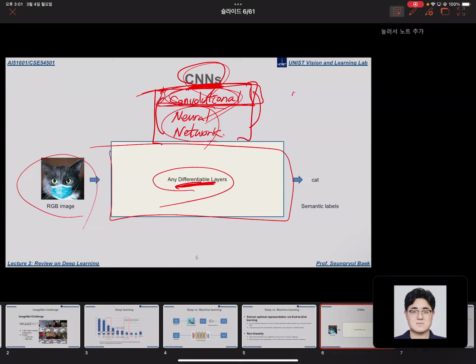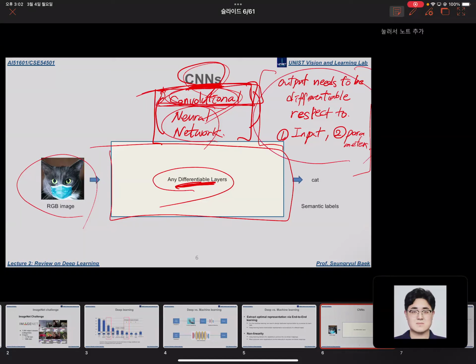It means the output needs to be differentiable with respect to the input and their parameters. I will remind you of this again later. Any layers in between that constitute the deep architecture have to meet this condition.